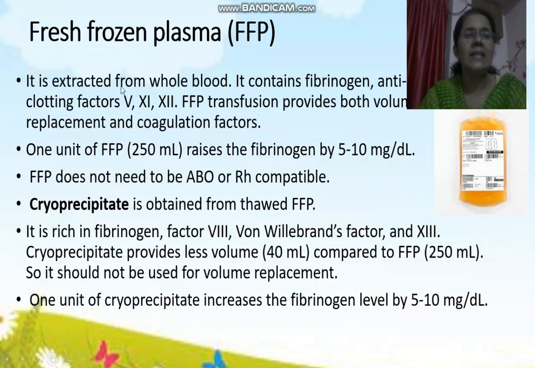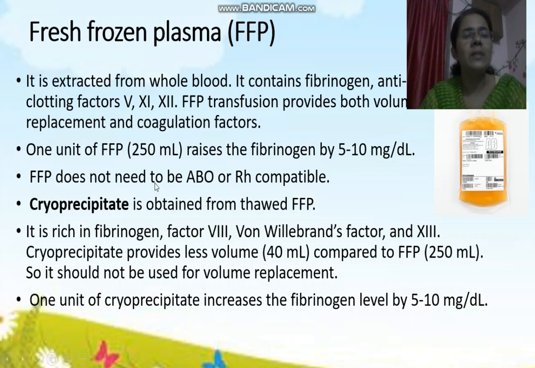It is extracted from the whole blood and it contains fibrinogen, antithrombin 3, and clotting factors 5, 11 and 12. So fresh frozen plasma transfusion provides both volume replacement and coagulation factors. One pint of FFP, that is 250 ml, raises the fibrinogen by 5 to 10 mg per deciliter.